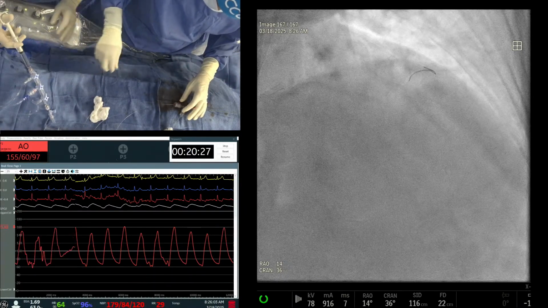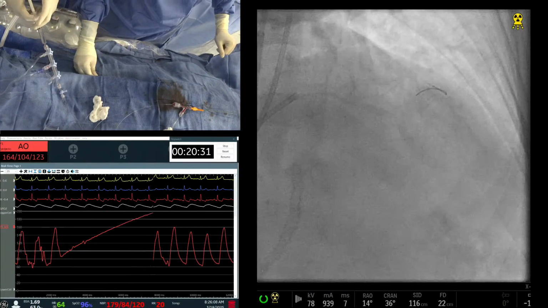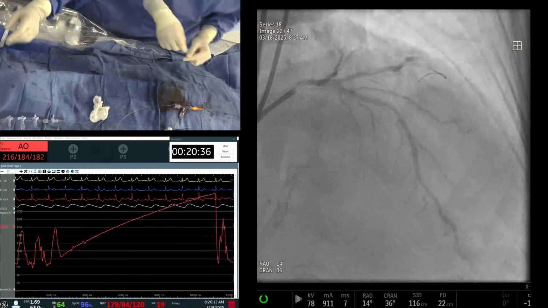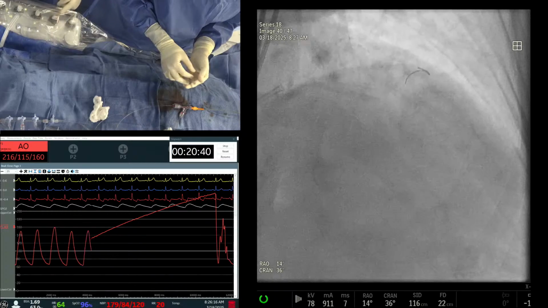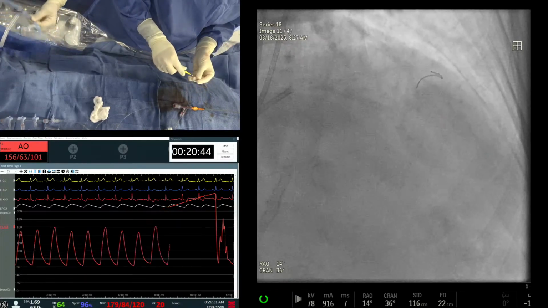But yes, at one point, let's take a picture now. That would be very useful to see how that second lesion looks now. Angiographically, you can't make out, but you had definitely crossed that region, and I think we'll know it with the ease with which the balloon inflates. That is correct.